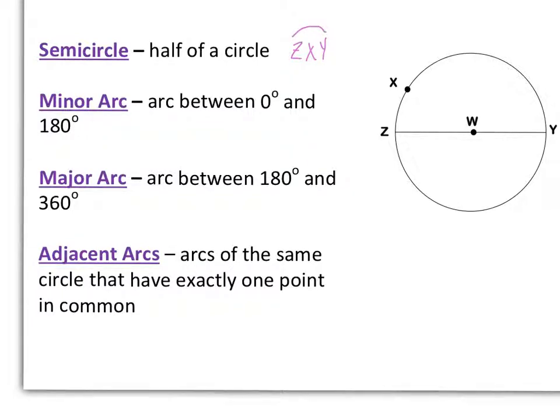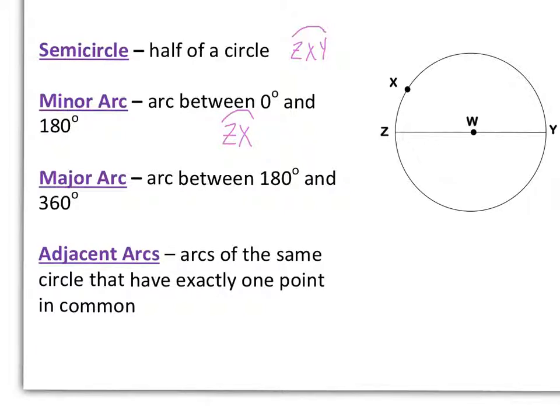So that's a new type of notation now. A minor arc is an arc between 0 degrees and 180 degrees. We'll just use 2 letters to denote a minor arc. So minor arc here is ZX, and we have an arc symbol above those 2 letters.